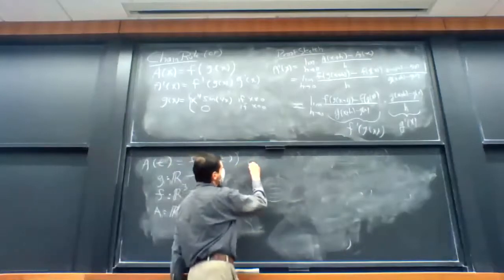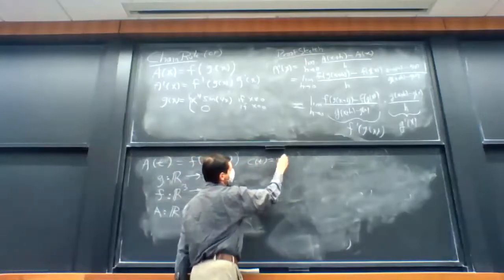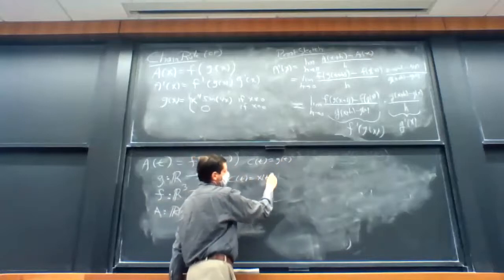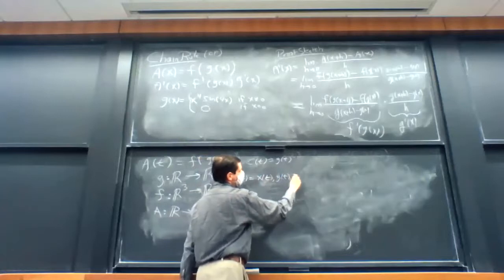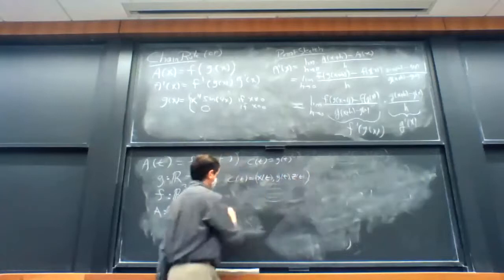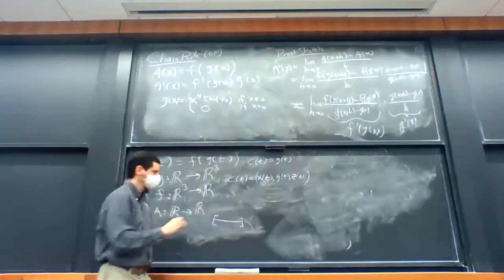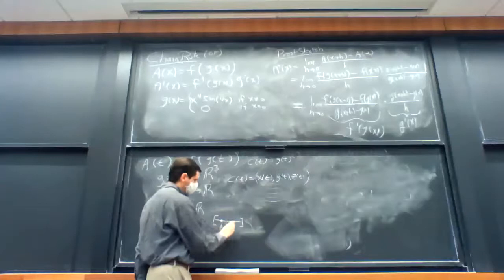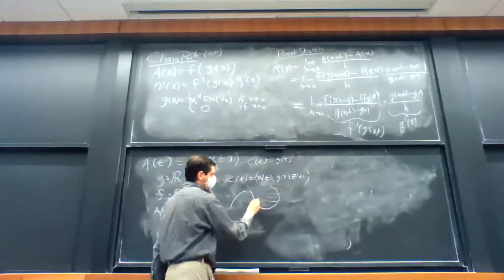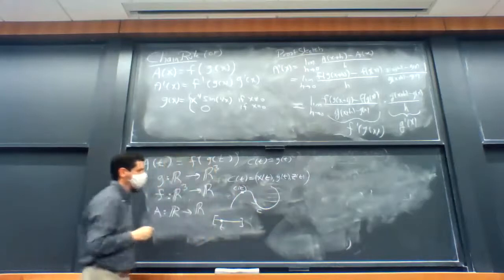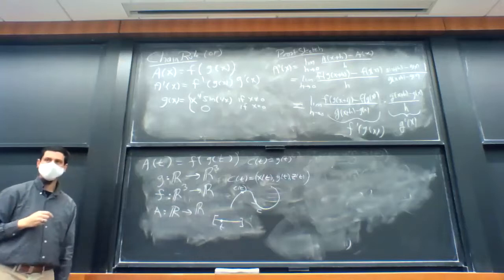Sometimes instead of g of t, I might write c of t for g of t, where c of t is x of t, y of t, z of t. So I have some interval here. I have some point c. And I have some curve c, and this will be the point c. Okay.